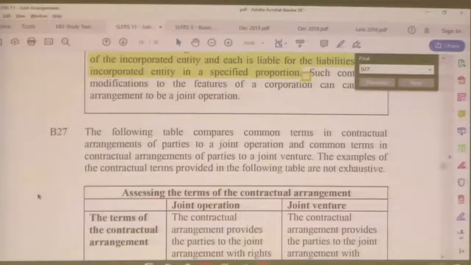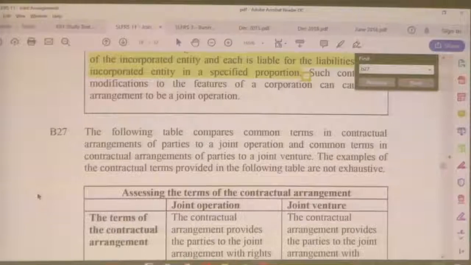The following table compares the common terms of contractual arrangements of the parties to a joint operation and the common terms of contractual arrangements of parties to a joint venture.